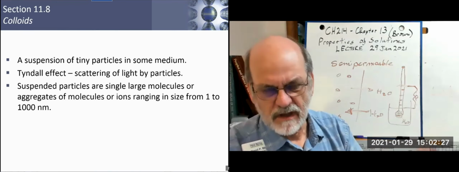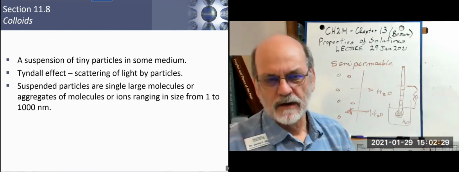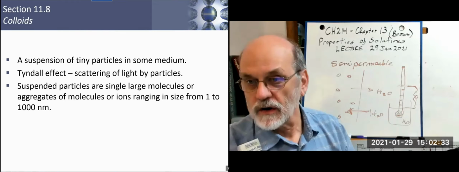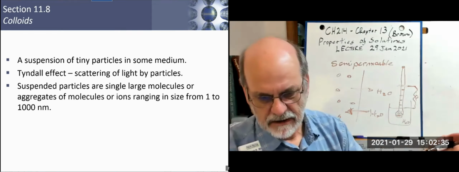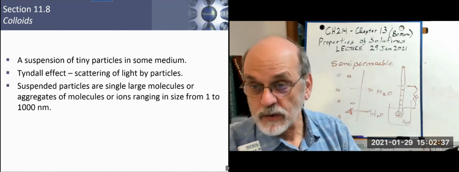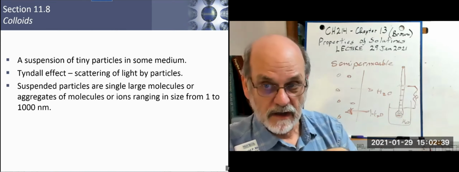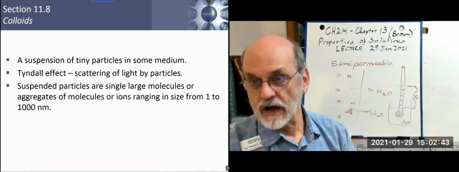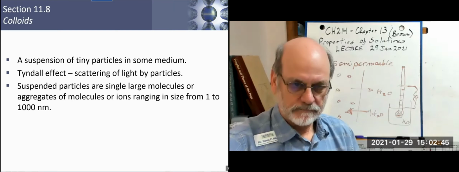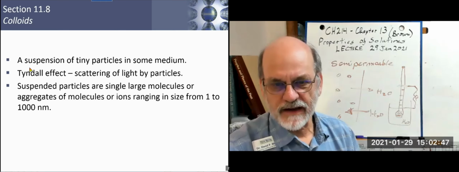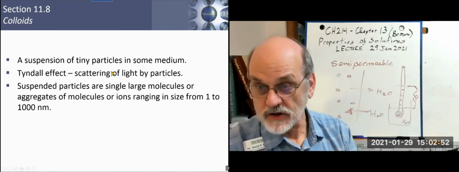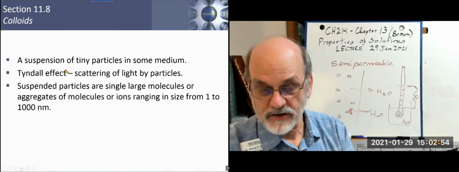Just a few words on colloids. Colloids are suspensions. They can occur as solids in liquids. They can occur as solids in gases, like smog is a colloid. And I mentioned the Tyndall effect earlier. This is how you tell if you've got a suspension, and a colloid is a suspension.